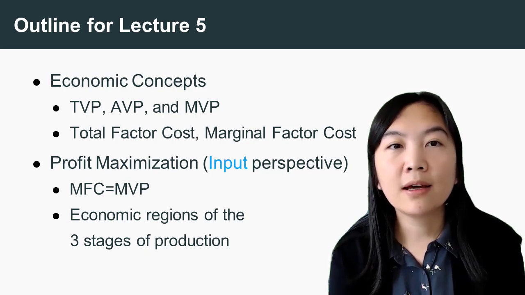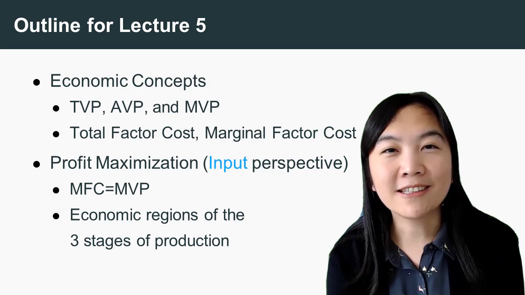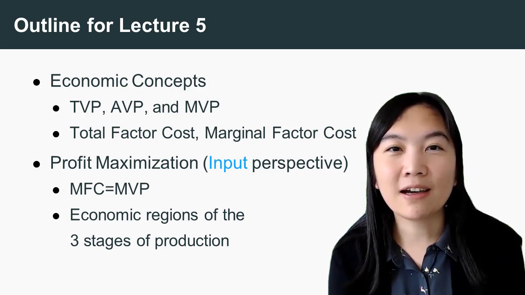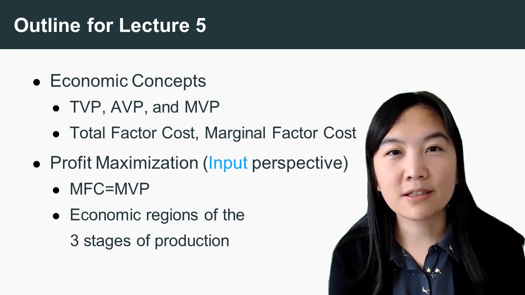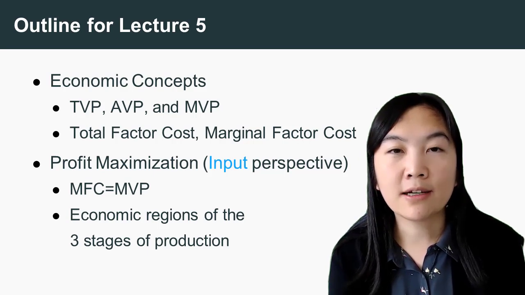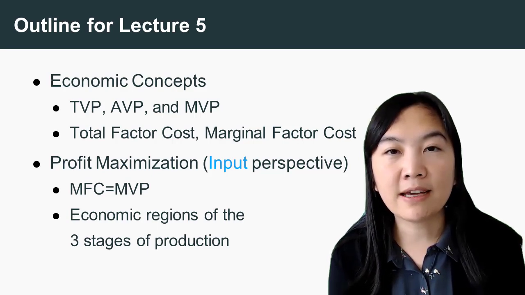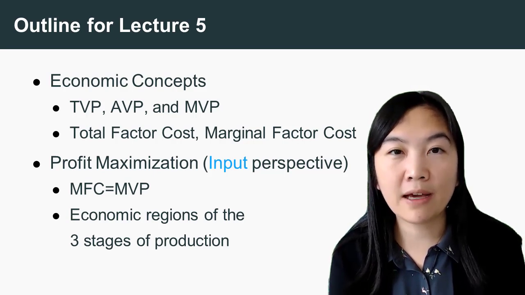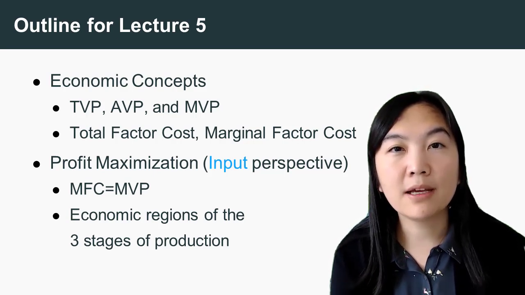But today, since we're studying the economic aspect, we're gonna study some economic concepts. So for the input perspective, we're gonna study TVP, AVP, and MVP. The V in the middle means value, and value is different from physical.